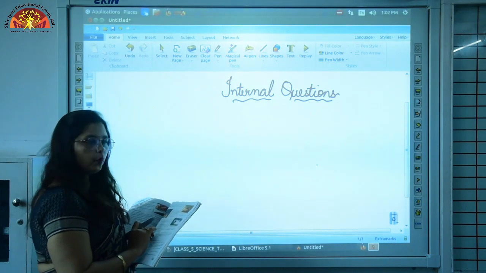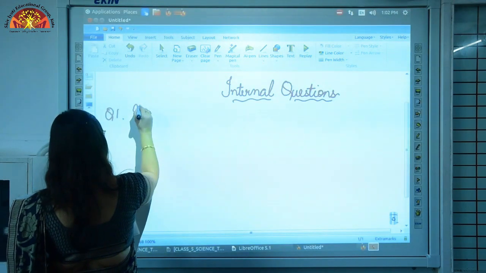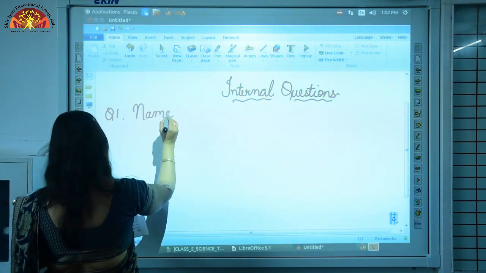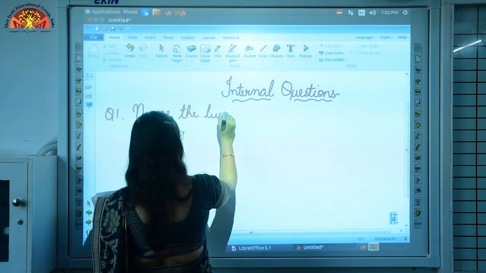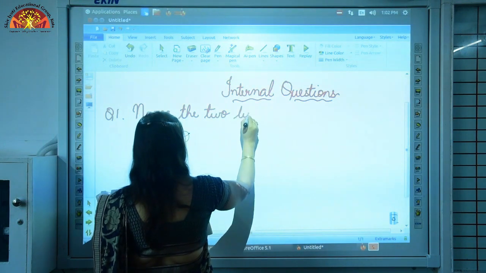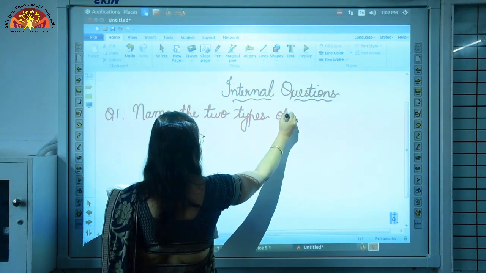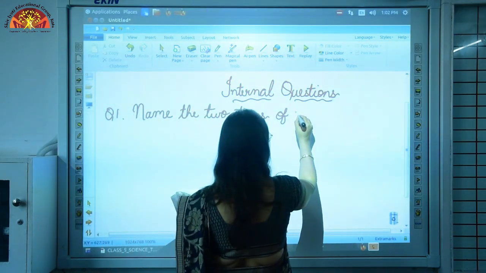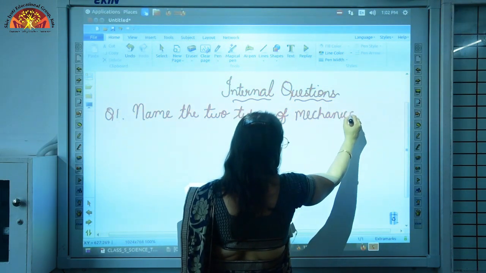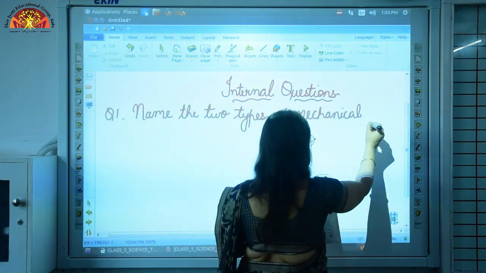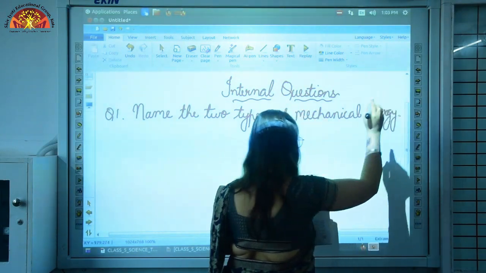So, children, question number 1 here is: name the two types of mechanical energy.